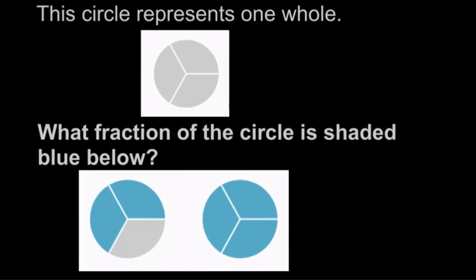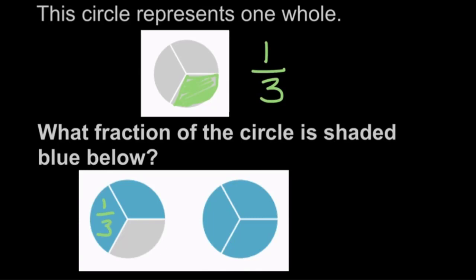This whole is divided into 1, 2, 3 equal-sized pieces. So it's divided into thirds, 3 equal-sized pieces. And each of those pie pieces is 1/3, is one of the thirds. So knowing that, let's go down here and see how many of these 1/3 pieces.